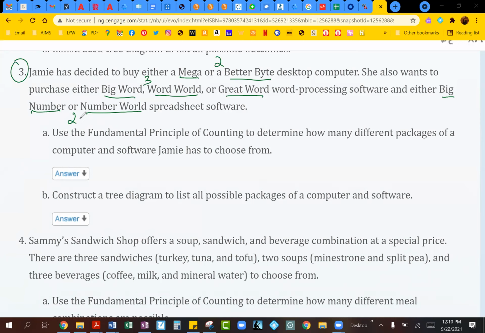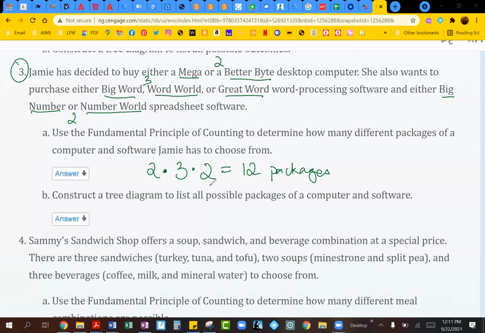So they're saying using the fundamental principle of counting, determine how many different packages of a computer and software Jamie has to choose from. So again, if you think about that, that's 2 computer options, 3 word processing, and 2 spreadsheet. So again, 3 times 2 times 2, you will see it gives her 12 different packages to choose from.